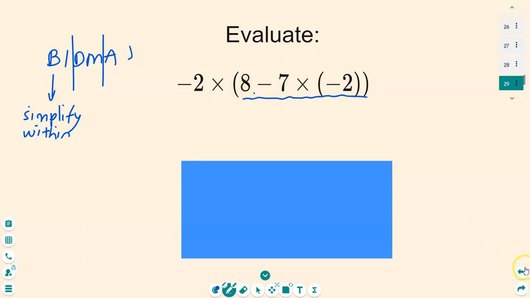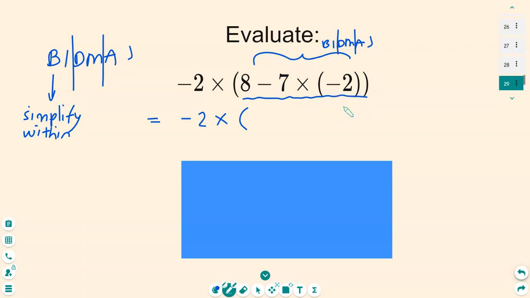And there's actually multiple operations within the brackets. So we're going to perform BIDMAS within these brackets too. Not to confuse you too much. So keep this all the same. And we're actually going to perform BIDMAS in here because there's multiple operations within the brackets.